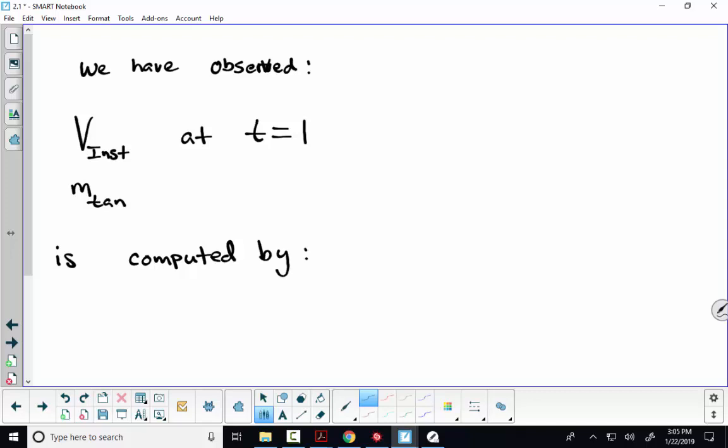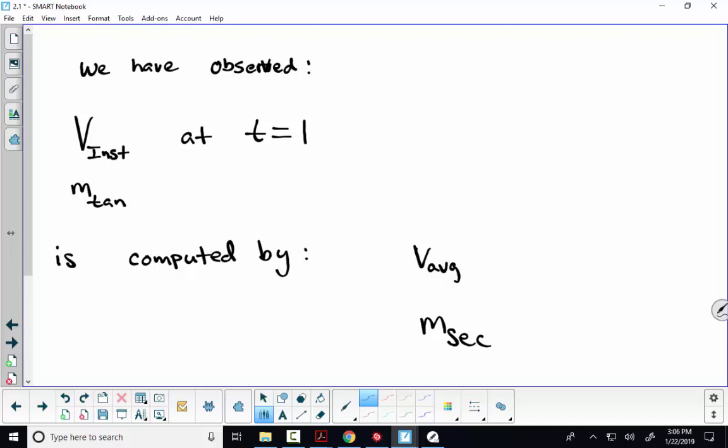by taking the average rate of change. So we'll write this in a couple of ways. The average, which is also mathematically the slope of the secant line. So that was our starting point, but then what we had to do was allow all of the other times to get closer and closer to t equals 1.